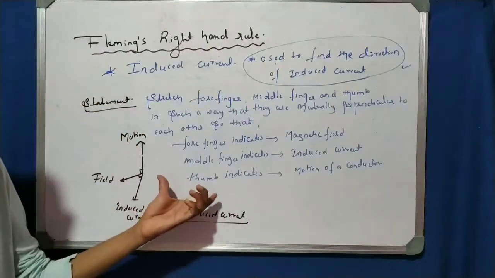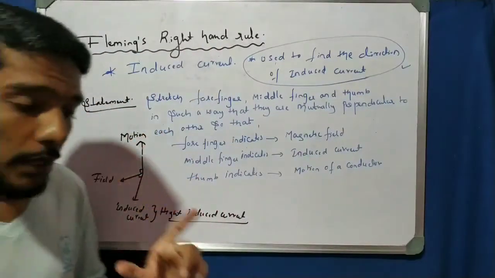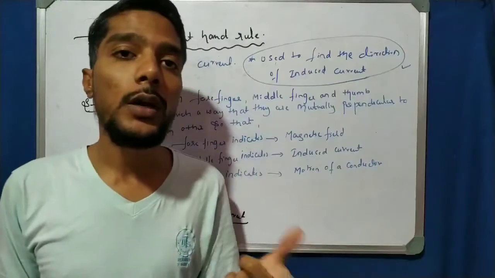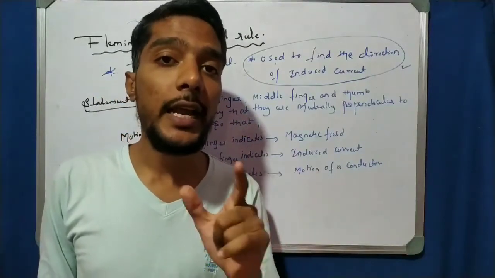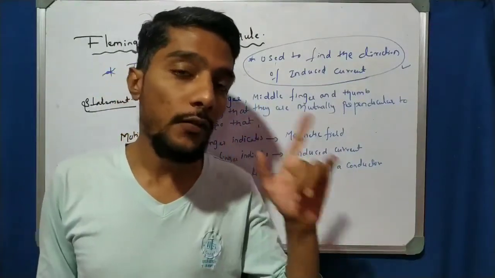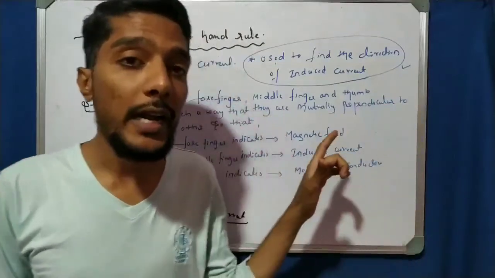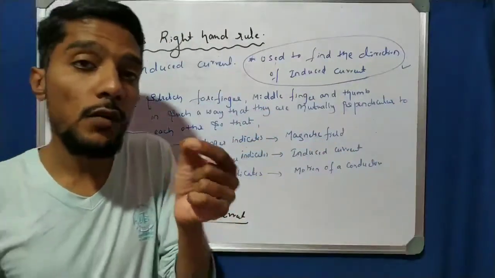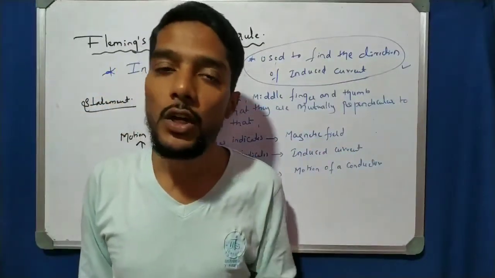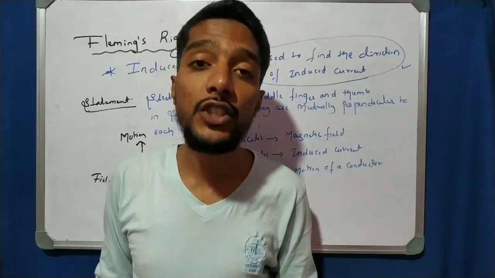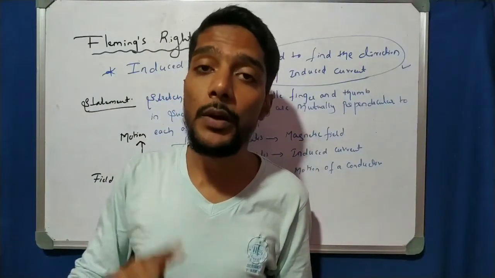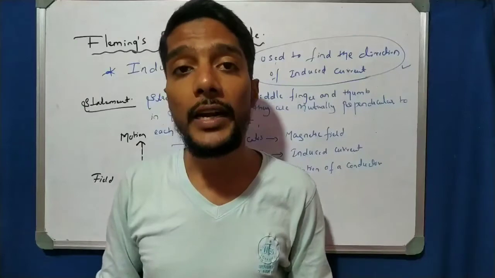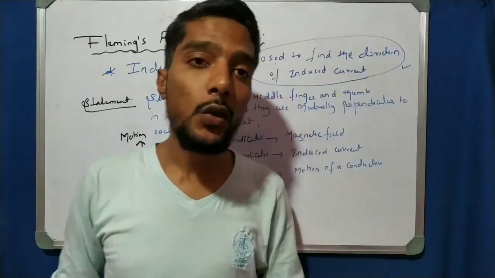So this is the Fleming's right hand rule, and we use this rule to find the direction in an electric generator. The left hand is used in the electric motor, and the right hand is used to find the direction of induced current in the electric generator. In the next video we are taking the electric generator: the meaning, the principle, the working, and the diagram with labeling.